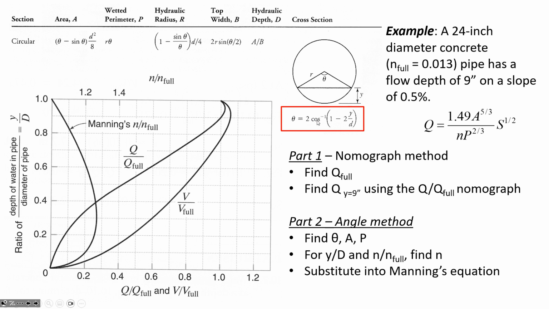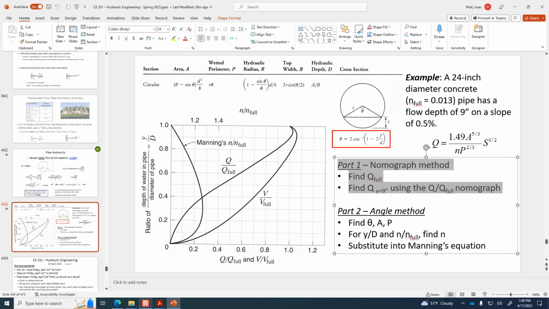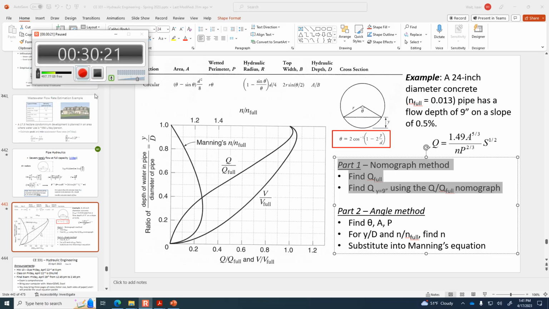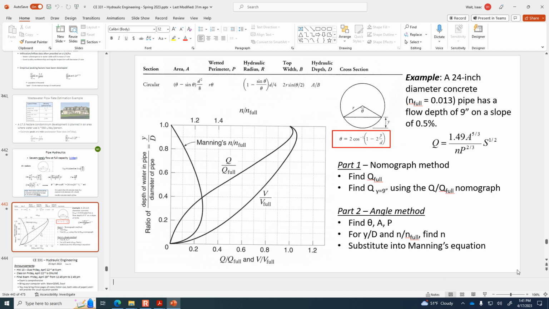Now this cosine minus 1, on my calculator, that is the ACOS function, inverse cosine. So we want to know what is the angle when we've got, in radians, 9 inches out of 24. Okay, did anybody else get 2.636 radians? Okay, good.